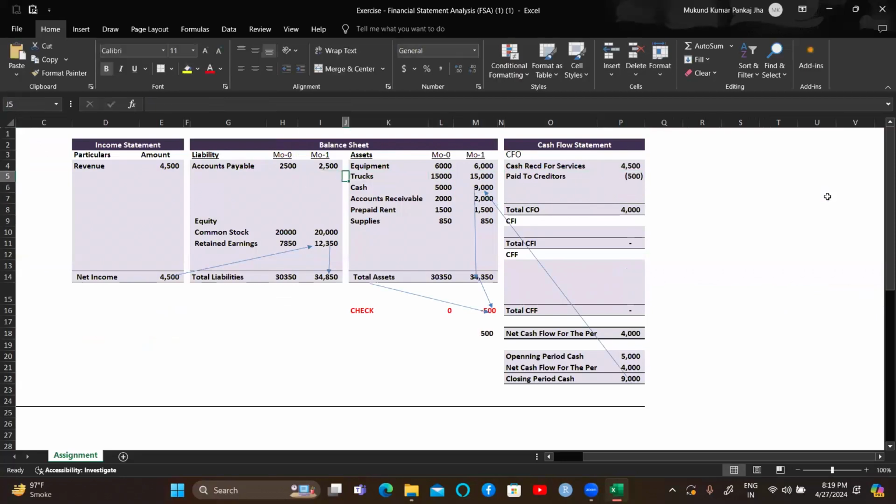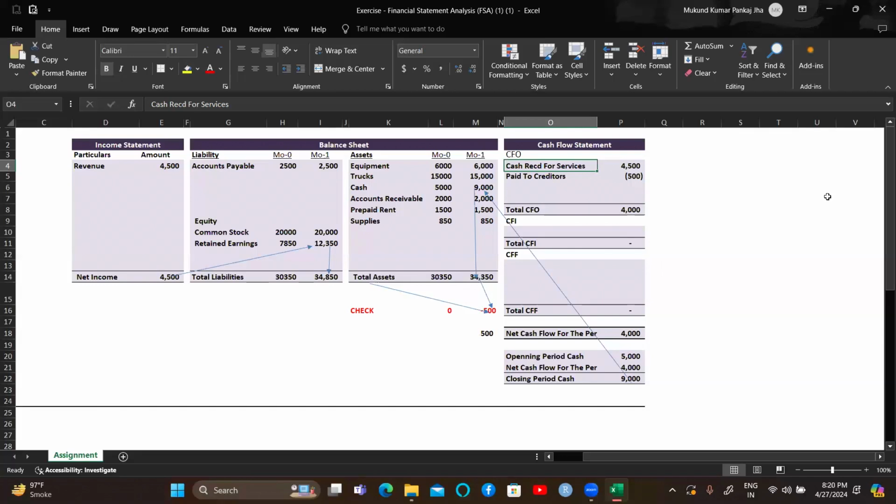So what will happen? So MK, CFO is nothing but all the cash flow related to operation. Maybe your salary, rent, electricity bill, paid to customers, received from suppliers, and all those things belong to CFO. CFI only deals with fixed assets, and rest everything deals with CFO.